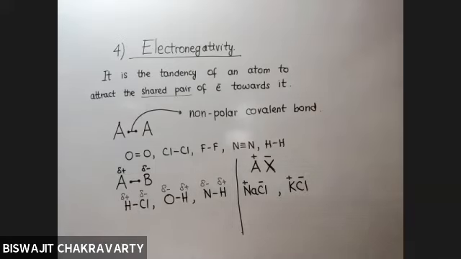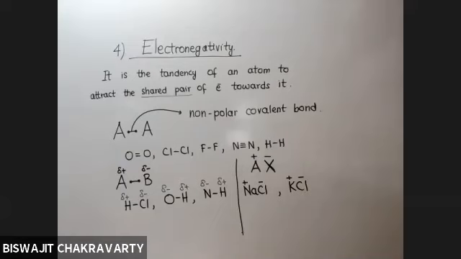So thus, electronegativity is helping us to know the nature of the bond. As far as the nature of the bond is concerned, I can categorize the bonds first into two types, ionic bond and covalent bond. Ionic bond is formed when the electronegativity difference is too high.